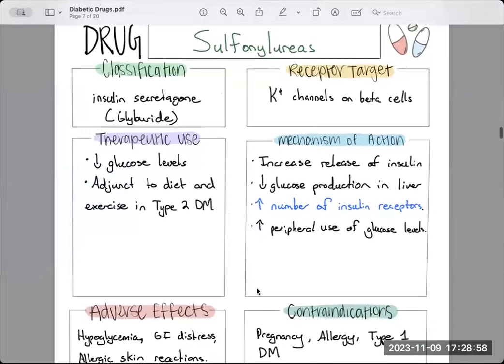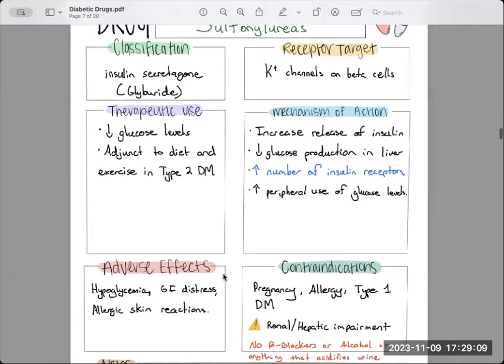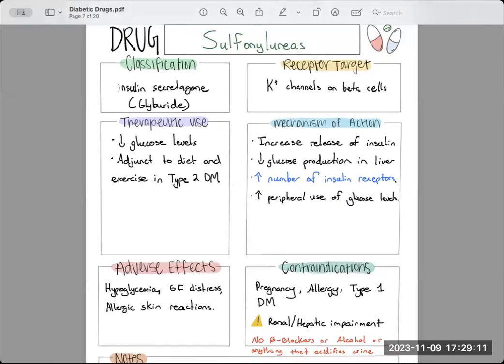So looking at the sulfonylureas, I always emphasize using a medication template because I think it organizes the drug classes much more easily. This is just a summary of the class. So as I said, we use this in type 2 diabetes, but they must also have diet and exercise changes. The goal is to decrease sugar levels. This causes hypoglycemia.